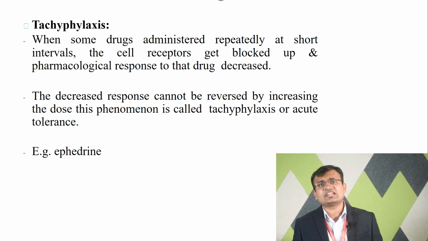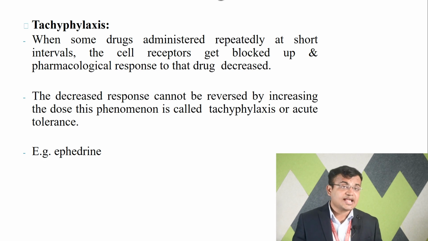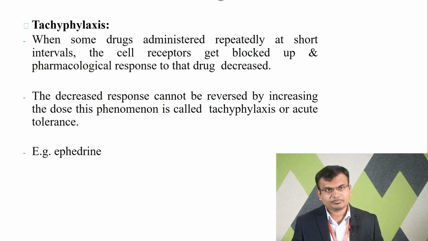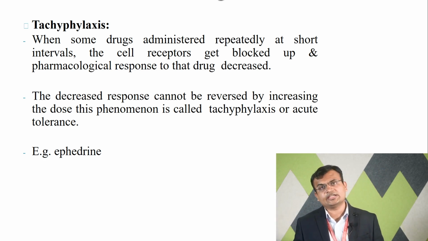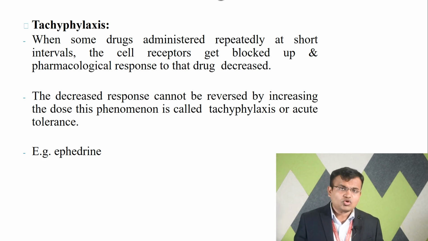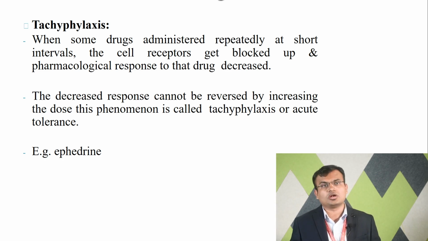Then the cell receptors where the desired activity is achieved get blocked, and the pharmacological response to that drug decreases. The decreased response cannot be reversed by increasing the dose. And this is called tachyphylaxis or acute tolerance.